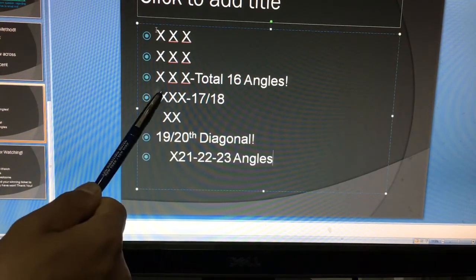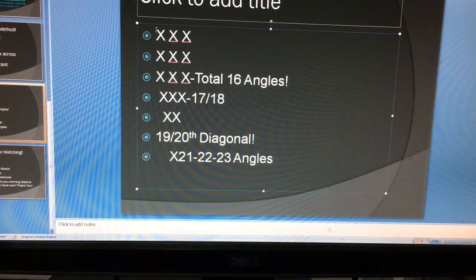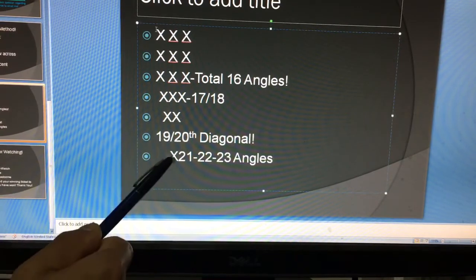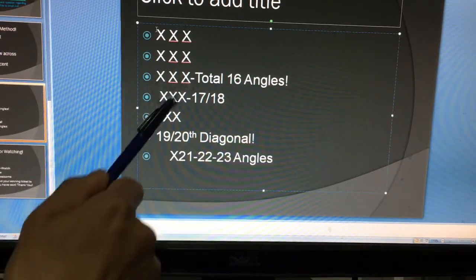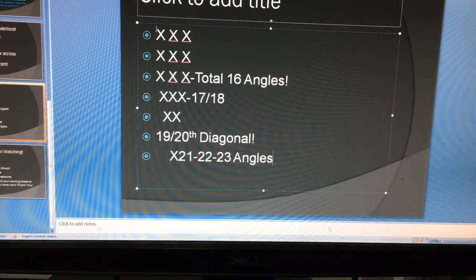This going up, this going up, and this going up diagonal. So it'll be X, X, X, X, X, X, and X, X, X. This center X going to the square.